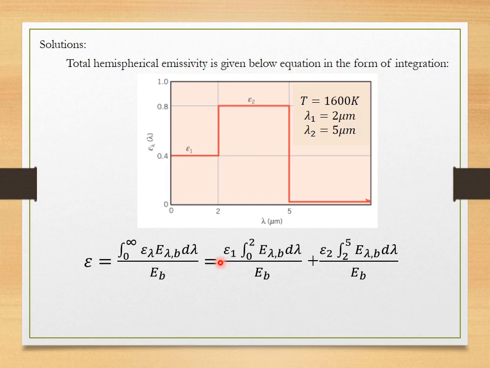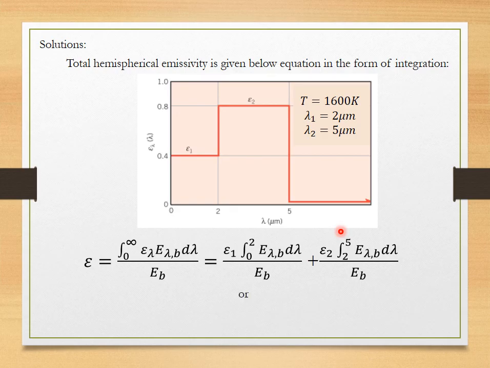From the equation, it divides by the value of the wavelength, which is 0 until 2, one value, and then 2 until 5, another value, which we need to sum up for emissivity 1 and emissivity 2.